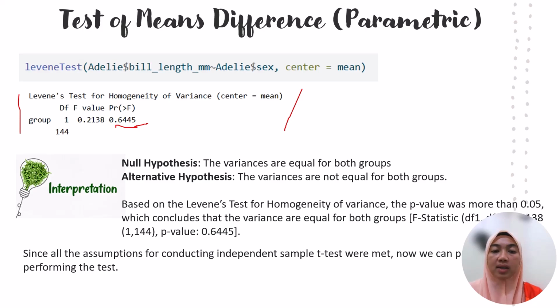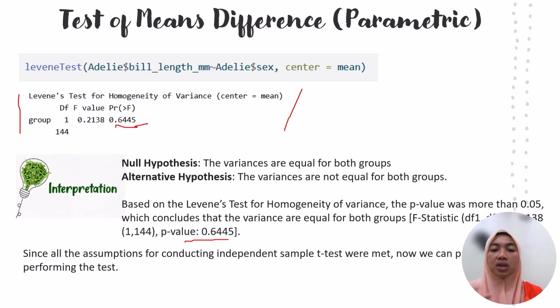Our p-value is 0.6445, which concludes that the variances are equal for both groups, with the F statistic here 0.2138, and also the p-value and the degrees of freedom. So we need to explain one by one the outputs that appear in the result here.